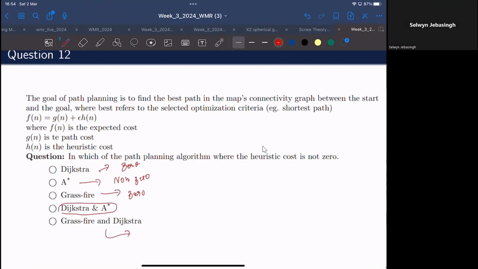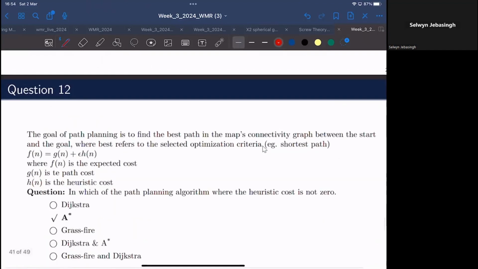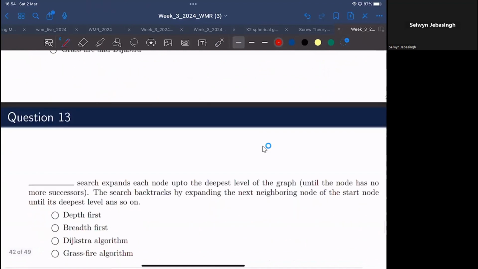Grassfire and Dijkstra, it is zero for both. So non-zero heuristic cost is only a thing for the A star algorithm. So in that regard, option B is indeed correct, A star.